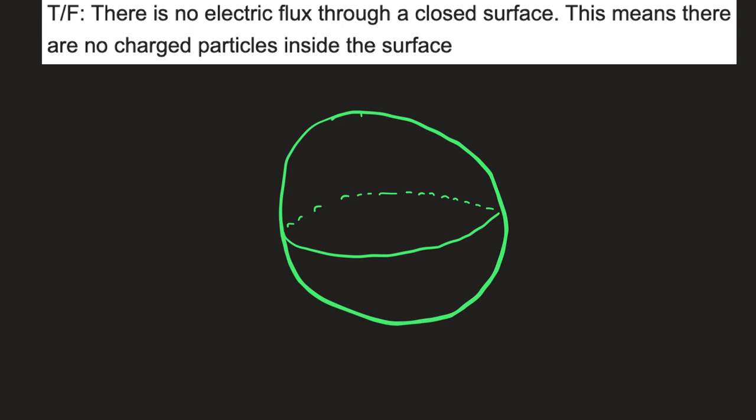I'm just going to tell you that the flux, which we usually write as this capital Phi, the integral of the electric field dotted into the area, is equal to 0. So does that mean there are no charged particles inside? True or false?